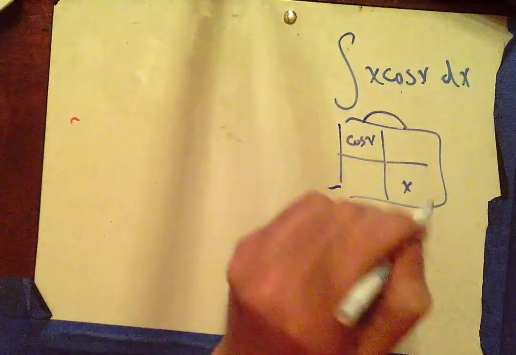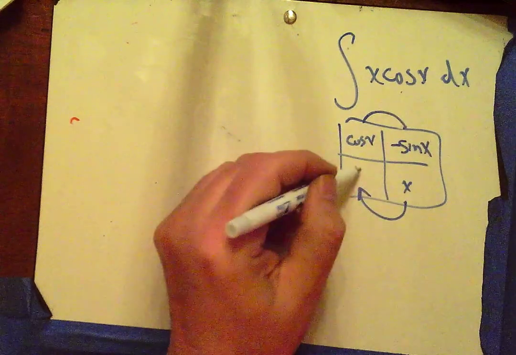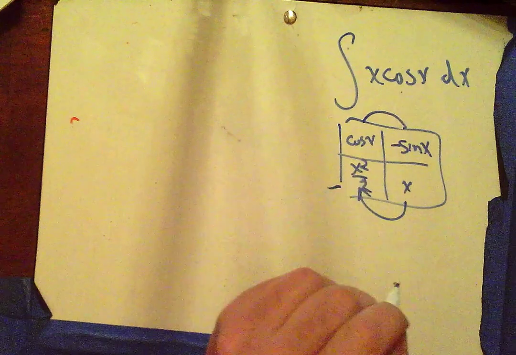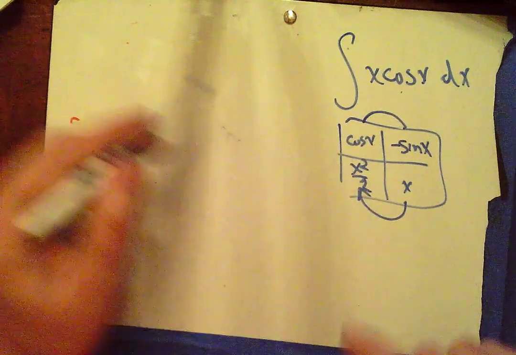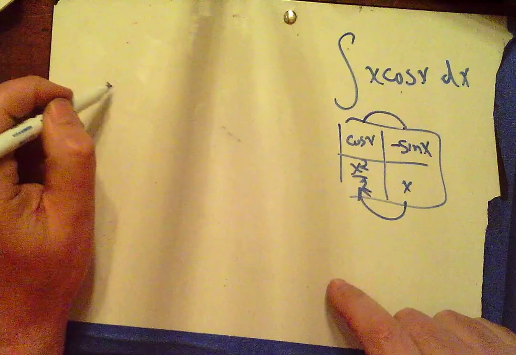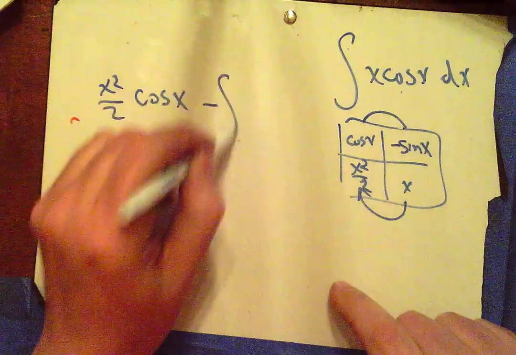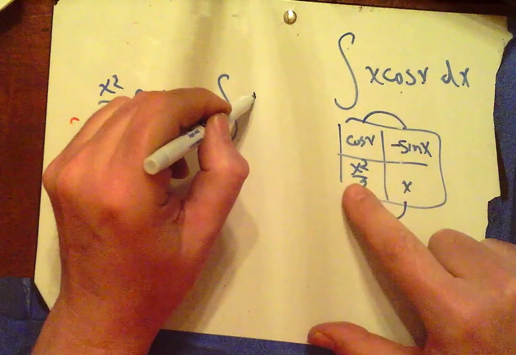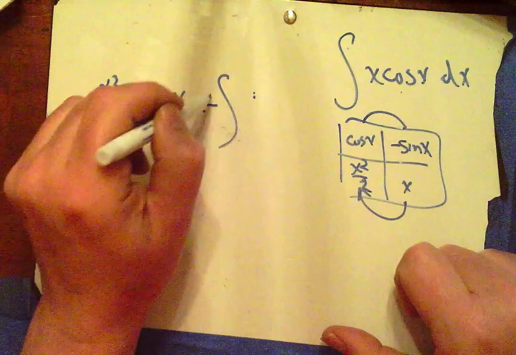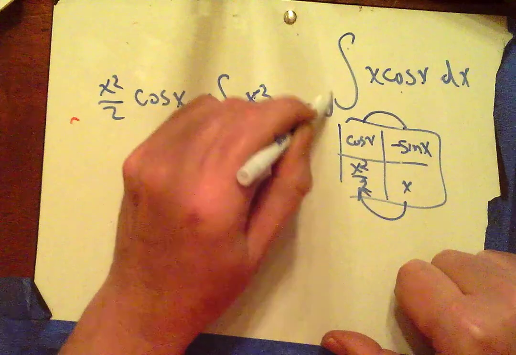I take the derivative going this way, and I do the antiderivative here. And I follow my recipe, this times that. So I've got x squared over 2 cosine x minus the integral of, I'm going to take that negative and put it here and then move it there. So that's going to be a plus x squared over 2 sine x dx.